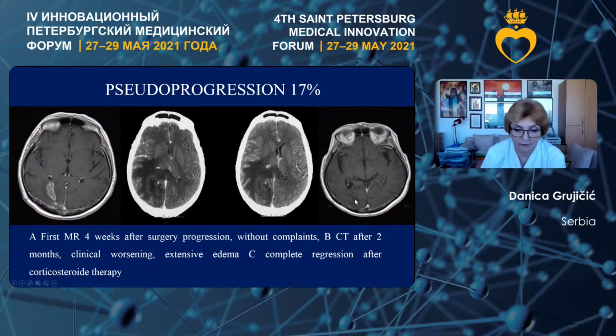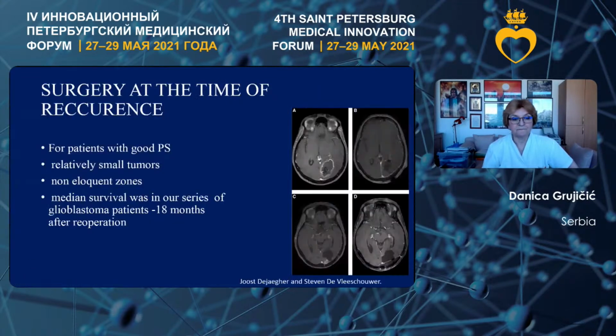Seems like it is a progression. We did nothing, just gave a bit of corticosteroid. And after the corticosteroid therapy, you observe the absolute regression of this edema. What's to be done with patients that have a progression? They have the relapse.